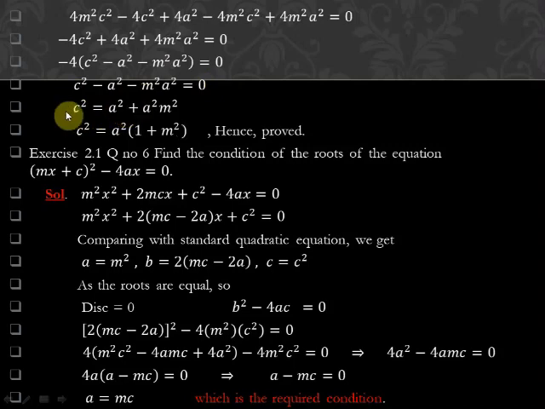We get c² = a² + a²m². We take a² as common from the right side. We will get c² = a²(1 + m²). Hence, it is proved.